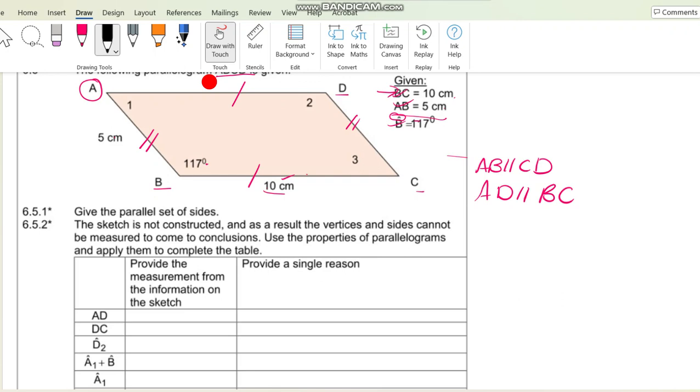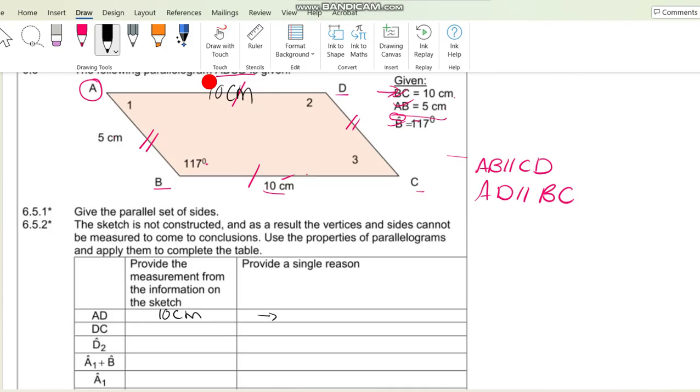If BC is 10 centimeters and AD is equal to BC, well, obviously that's going to be 10 centimeters. So you're going to put in there 10 centimeters, and the reason, oorstaande sye is ewewydig. Opposite sides are parallel. I'm not going to write that in. You need to write that yourself.